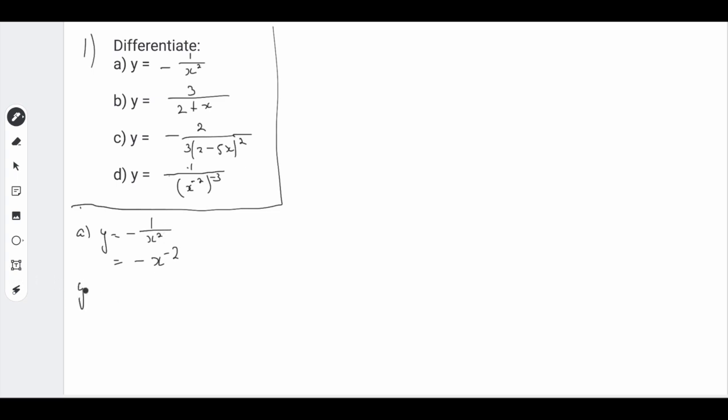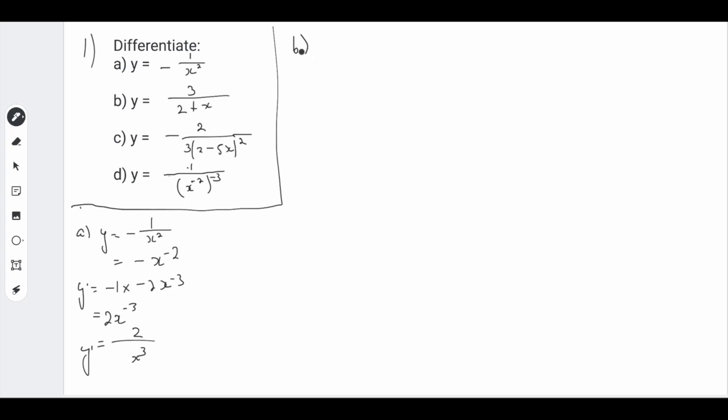So all I have to do then is differentiate it. So we have a minus 1 just at the front here, and then I'm going to differentiate it. So bring the minus 2 down, so minus 2x, and then that index decreases by 1, so power of minus 3. And then that just becomes 2x to the power of minus 3, or 2 over x cubed. So that is my answer for part A.